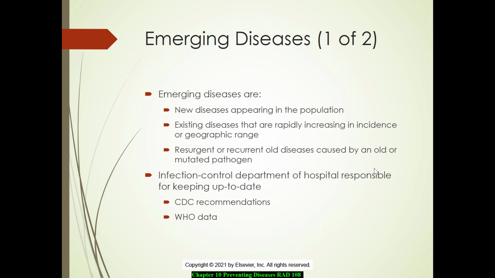So the infection control department or hospital responsibility for keeping updated is the CDC. The CDC is our most complete source of information about infectious diseases in the United States. They have a wonderful website called cdc.gov, and they keep you up to date with what they're recommending.